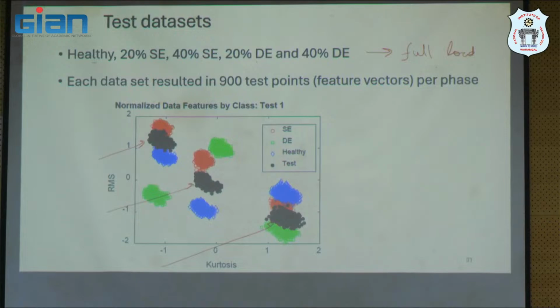Each one predicted, and then I used a majority vote to resolve. If AB predicted static, BC predicted static, and CA predicted dynamic, I would go with static. It is not a good way to do it when we have 3 classes. Ideally, you should do it when we have just 2 classes, healthy and faulty, where it is easy to do the majority.